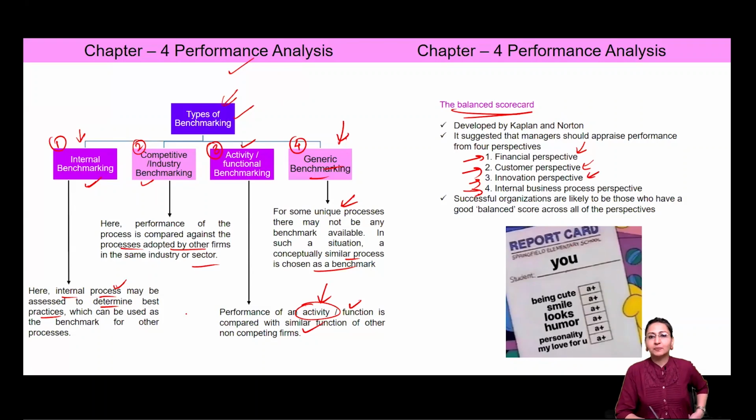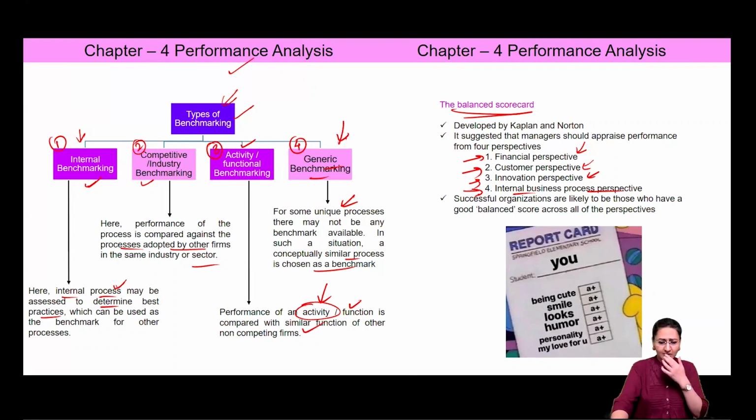Then innovation perspective, how innovative is the business? Is it launching new products, or is it just following the same set of products since years? So how innovative is the business? And then how are the internal business processes built? Are the internal processes supportive for better performance of the business, or are the internal processes in themselves a roadblock in the success of the business?